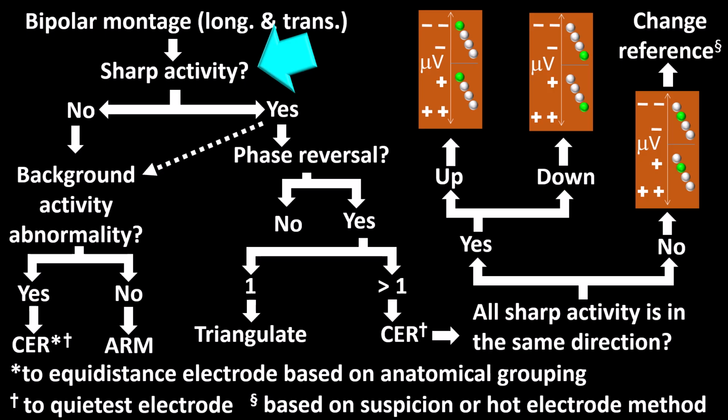Initially, I look for sharp waves in the first epoch. If I see none, I look for background abnormalities. If no background abnormality is present, I go to average reference montage. I again look at sharp waves and background abnormalities and consider if the EEG is age appropriate.